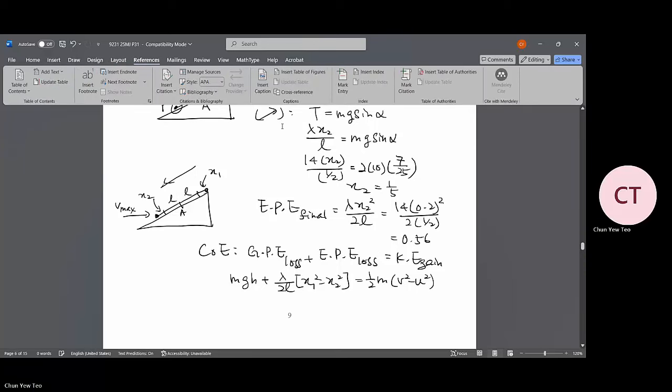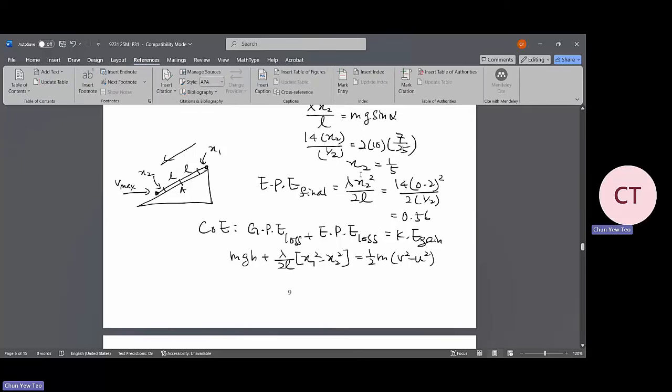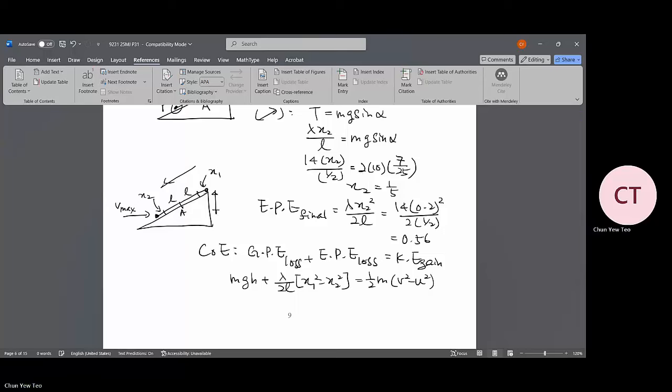So we need to find the h. So this is the h. The h is x1 plus L plus L plus x2. Add all together. This one, x1 is 0.3, L is 0.5, then x2 is 0.2.